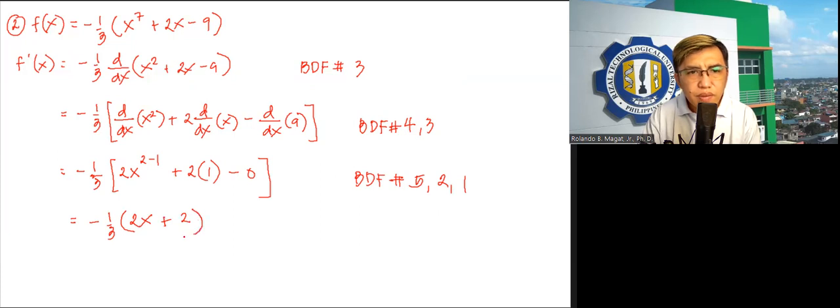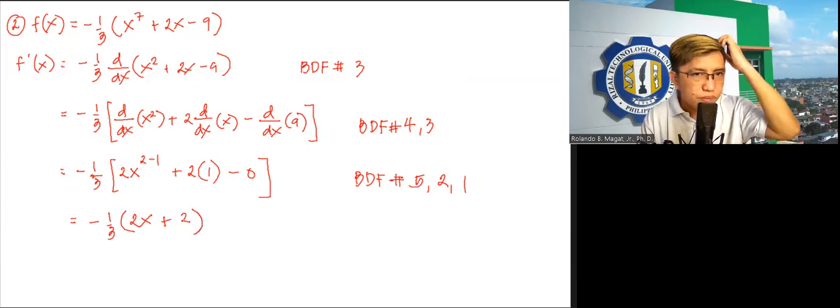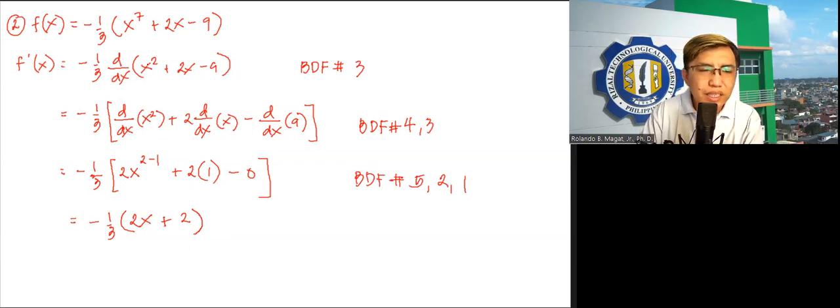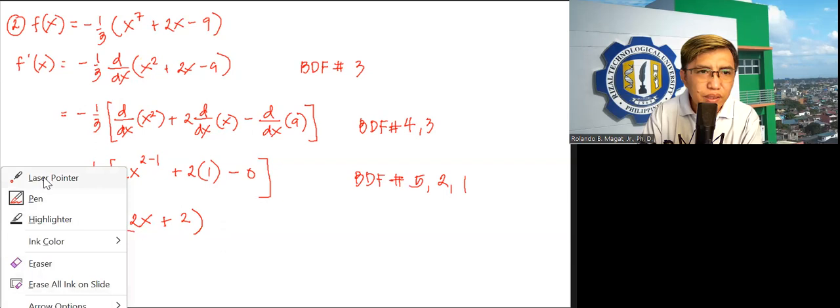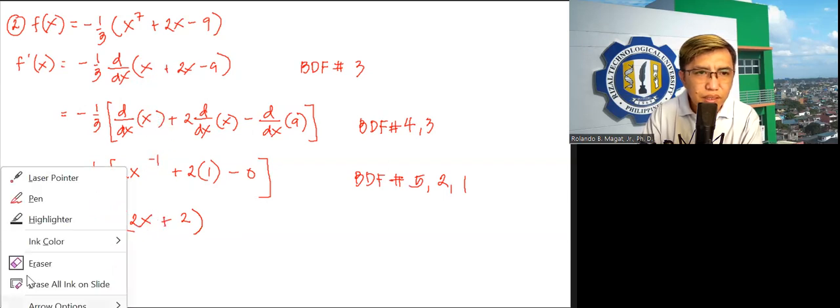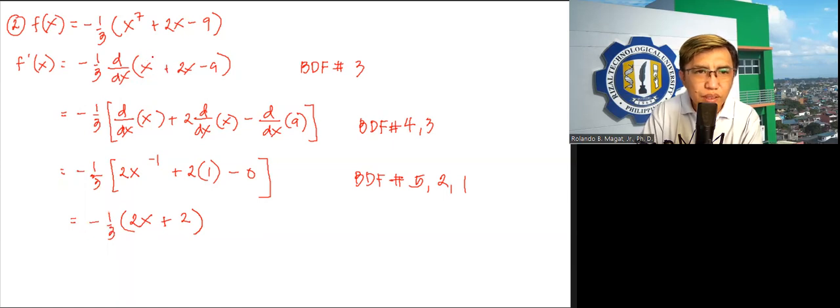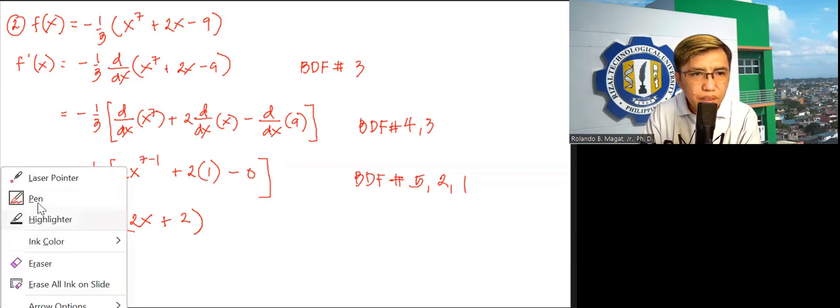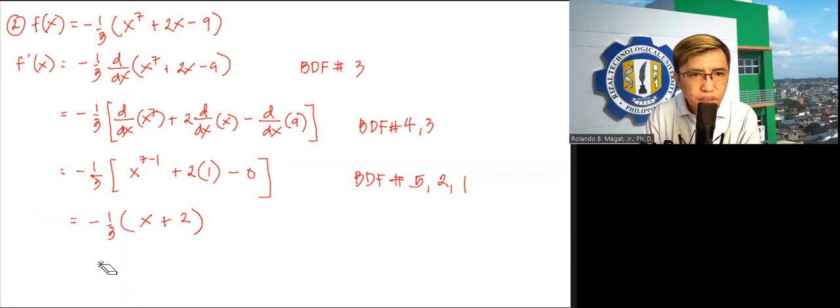Sorry, it's the 7th power, not 2. My 7 looks like a 2. So this one is 7 minus 1, x to the 6th power, so 7x to the 6th power.